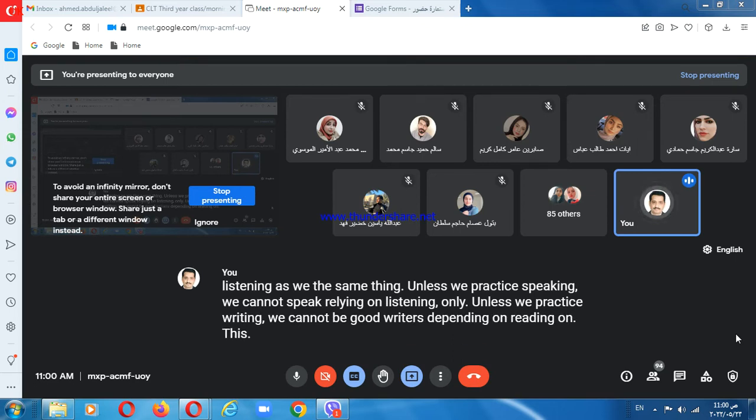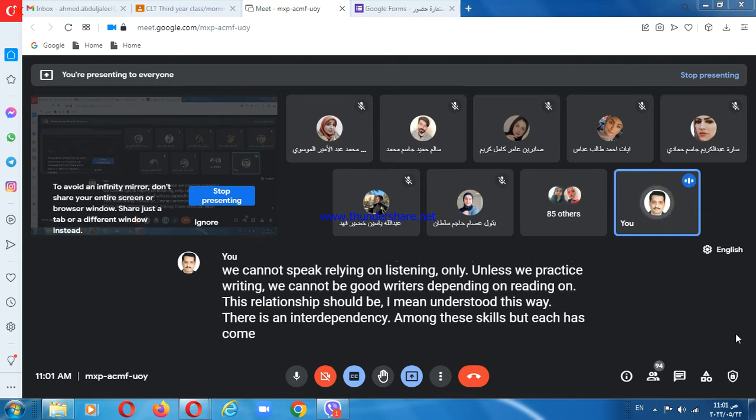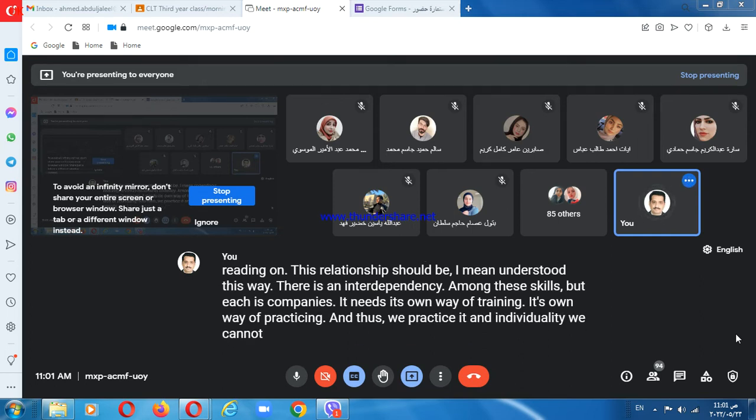This relationship should be understood this way. There is an interdependency among these skills, but each skill needs its own way of training, its own way of practicing. Unless we practice it individually, we cannot develop it, relying on the other skill. Is that okay? It's clear.